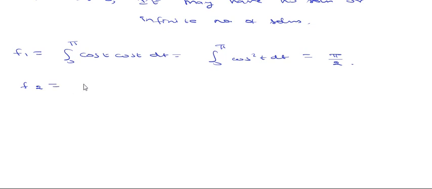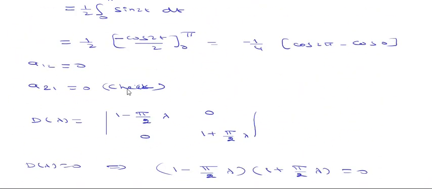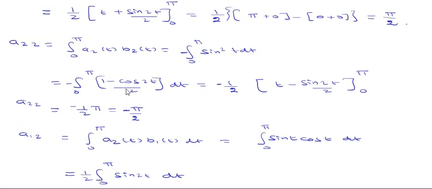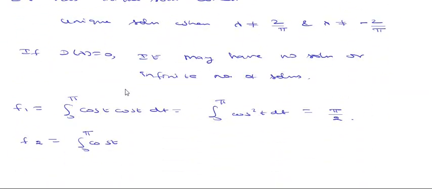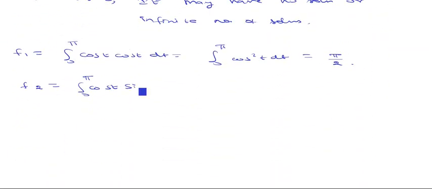And for f2 it is the integral 0 to pi of cos t into b2, where b2 is sin t, dt. This is same as a12 or a21, so this answer is 0.